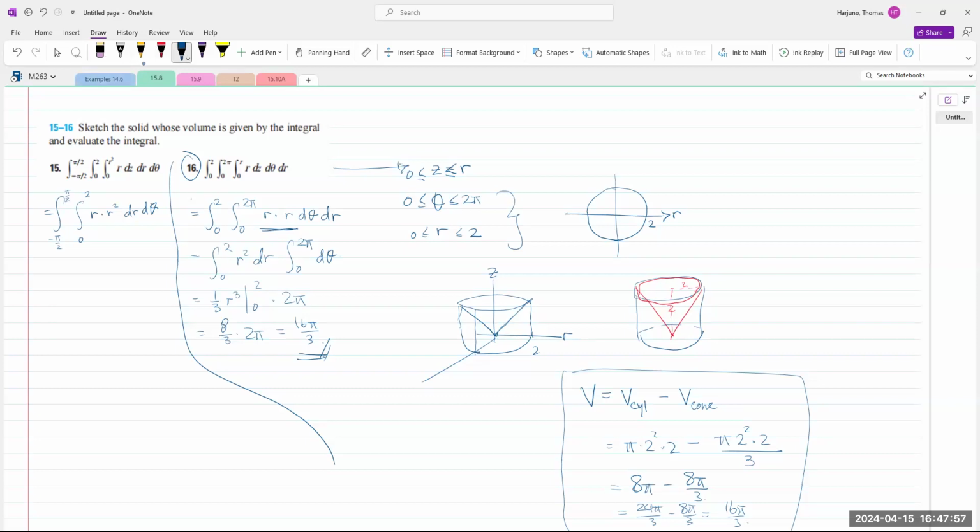Now this is the integral from negative pi over 2 to pi over 2, integral from 0 to 2 of r cubed dr d theta.